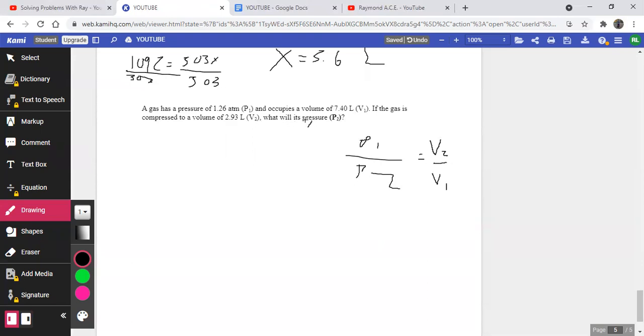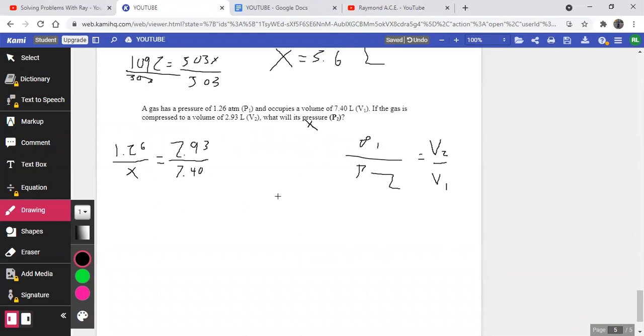Pressure will be our X. What's the starting pressure? 1.26 atmospheres. Divide that by X atmospheres, since we don't know what it is. Then we have volume. What's the second volume, the ending volume? 2.93. And the starting volume? 7.4.